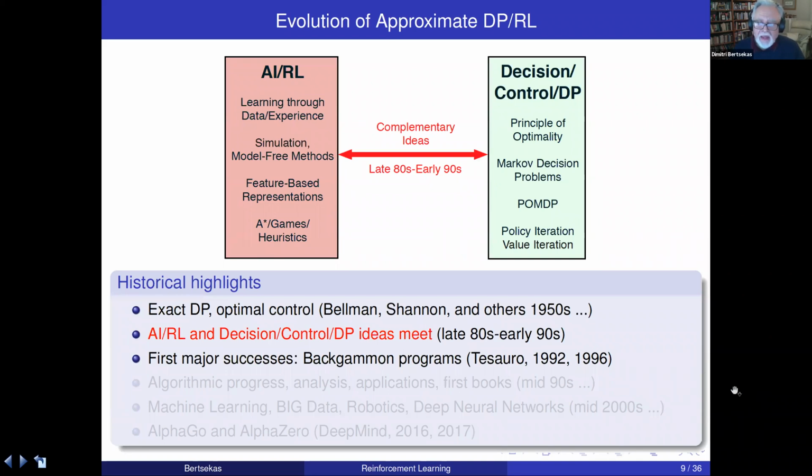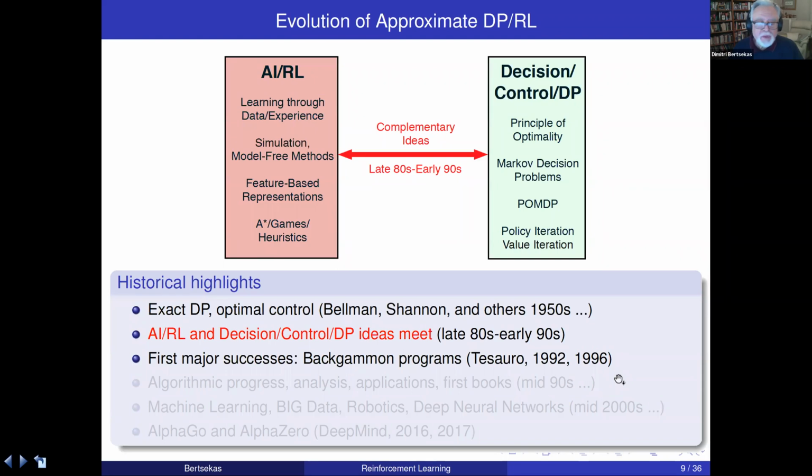And people became very enthusiastic. I personally got into this field because I was so impressed by Tesauro's work. And Tesauro's work provided the motivation and some confidence on the part of people to see that very difficult problems could be addressed with these methods that were kind of nebulous at that time. There was sort of a hazy understanding about them.